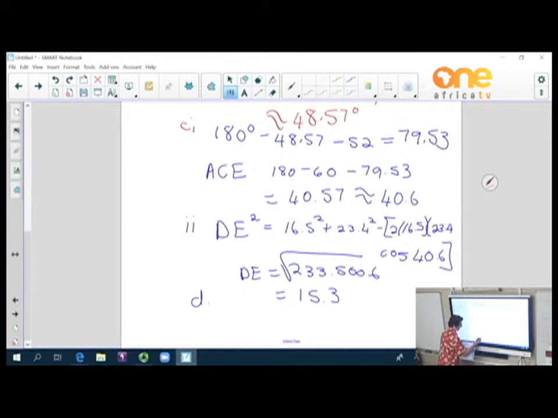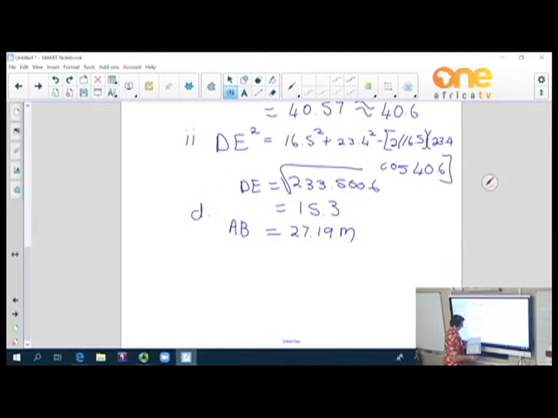We first need the length of AB to get that area, because it's half base height in that right angle triangle. This one is 27.19 meters, AB, and then I calculate the two areas to add them.